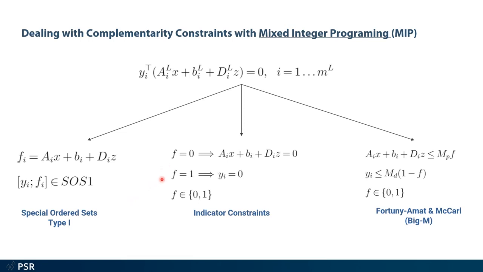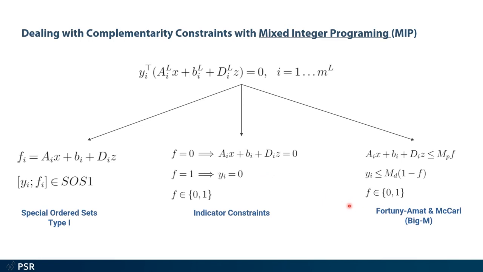Another type of formulation is using what are called indicator constraints. In this formulation, f will be a binary variable, and if f is 0, the first constraint is enforced, and only that. While if f is 1, the second constraint will be enforced. This will guarantee that only one of these two will be valid at a time.